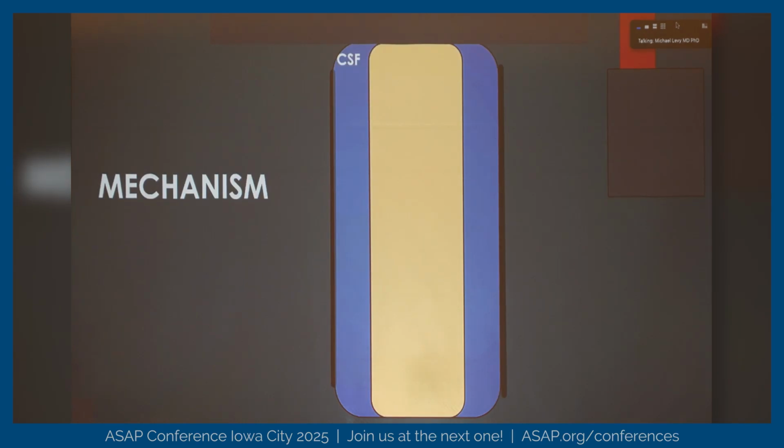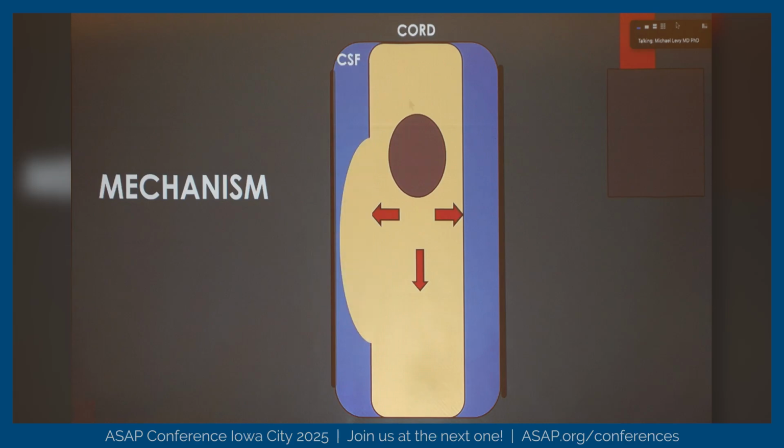So just as a general summary of the mechanism, this being the cord, this being the CSF space, you have a mass within the cord. If you have associated expansion of that mass, you create an obstruction, and so the damping phenomenon of the fluid wave is modified.